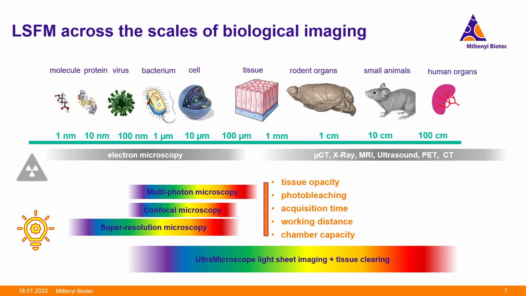But also, we can actually work our way towards the right there, these much larger organisms and organs that you would be interested in looking at. This is where confocal usability usually decreases, but the light sheet actually starts being able to be used to really get into those larger samples.